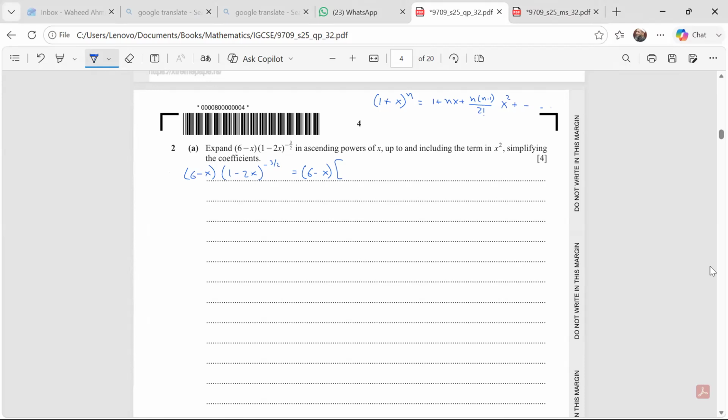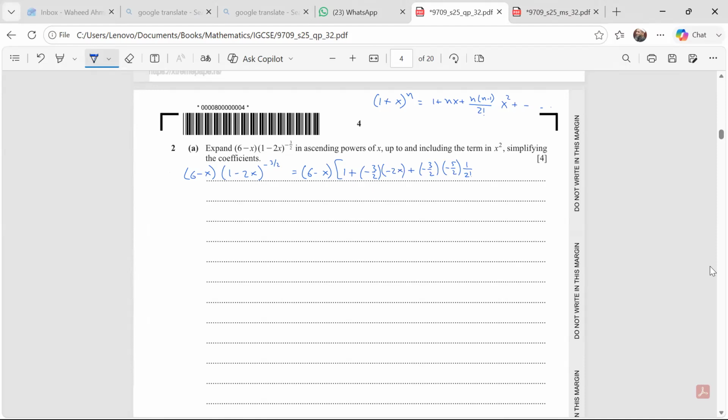So it will be again 1 + nx, where n is −3/2 and x is −2x, plus n, which is −3/2, times n − 1, which is −5/2, divided by 2 factorial, and x squared.